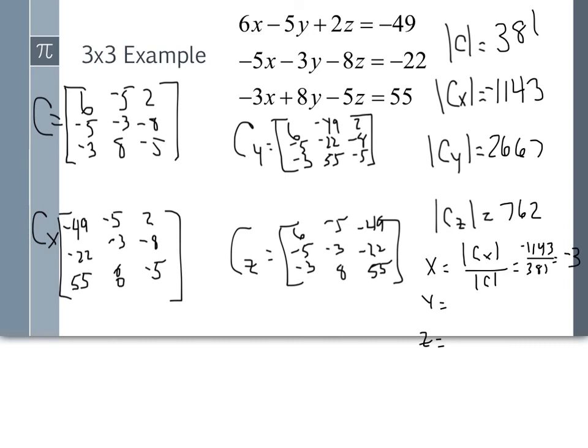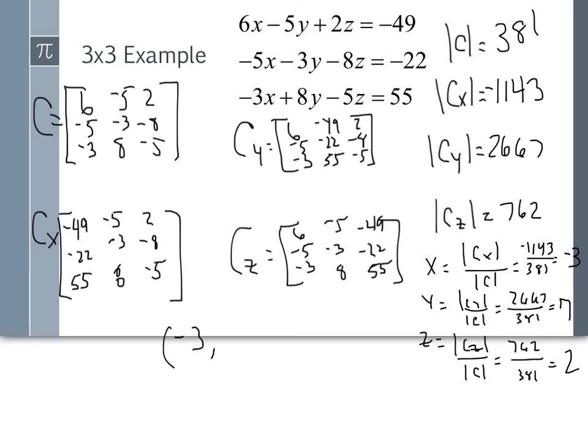That's going to be negative 3. CY over C, that's going to be 2667 over 381. That's going to be 7. And then CZ over C is going to be 762 over 381. That will be 2. So our ordered triple for this system is negative 3, 7, 2.